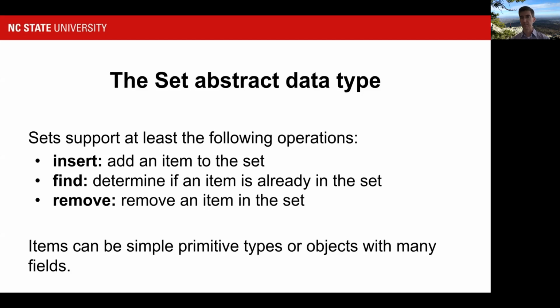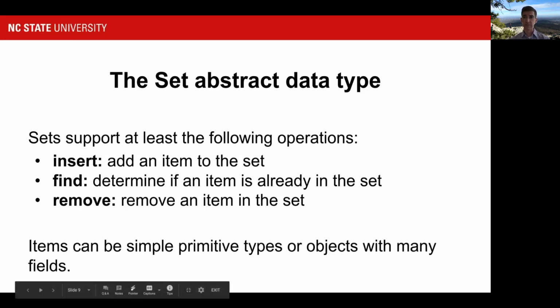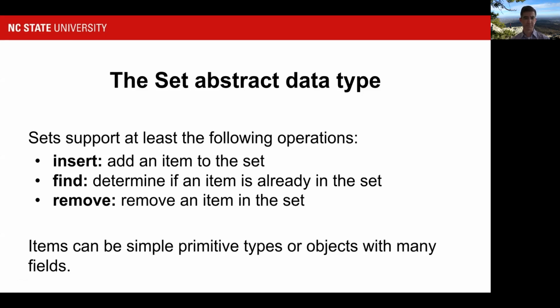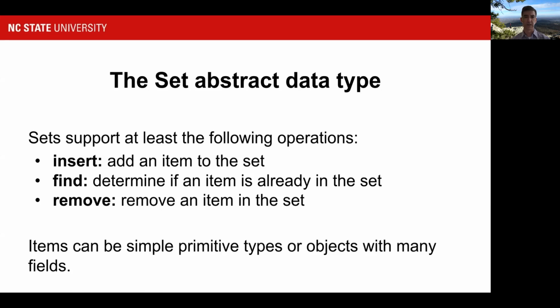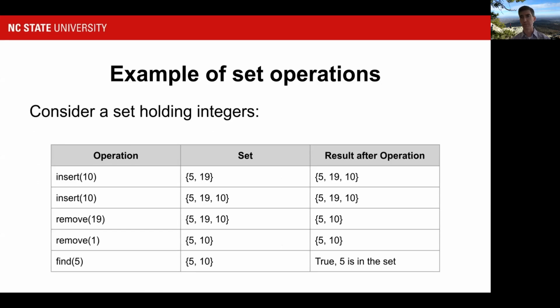So we are going to enforce a uniqueness property of all the things that are collected in a set. Also, the items that we put in this set could be simple primitive types, or they could be objects with many fields. But whatever the case, we will need to support these three operations: insert, find, and remove.